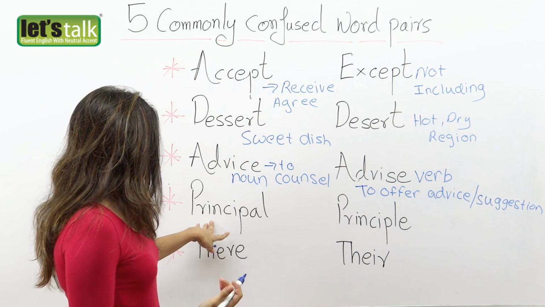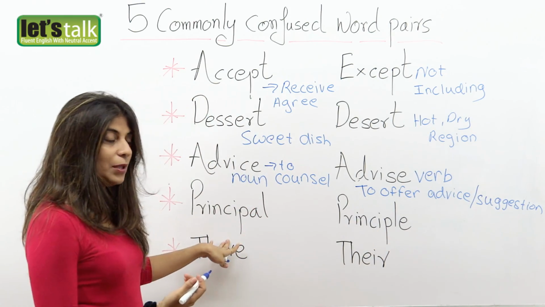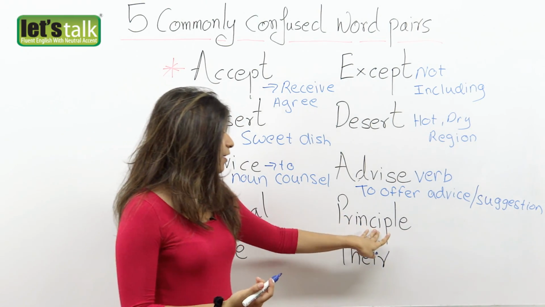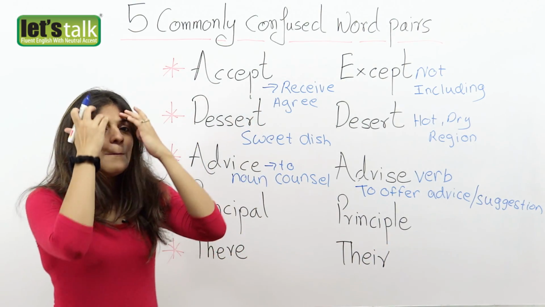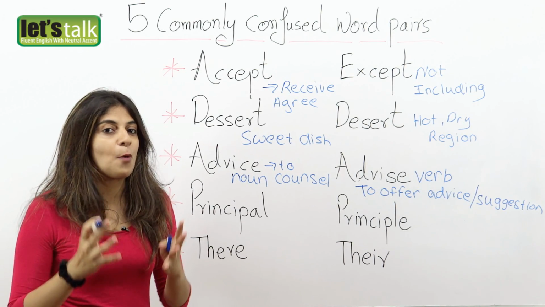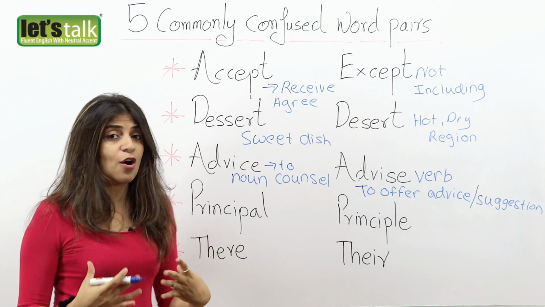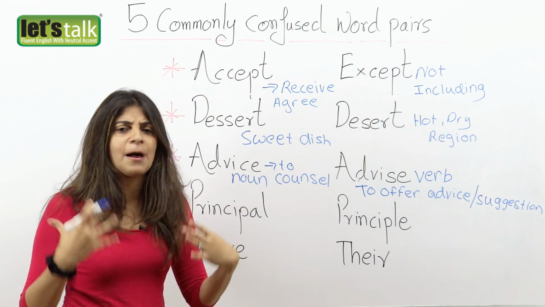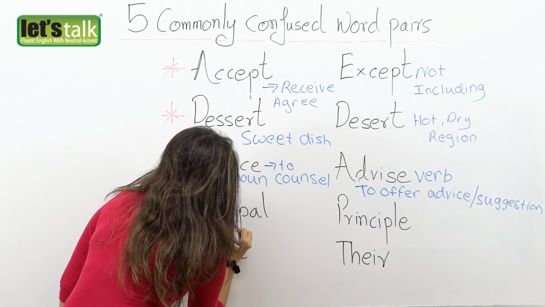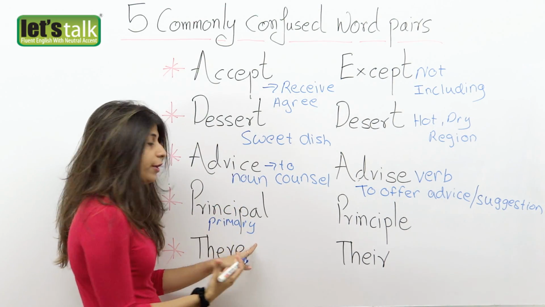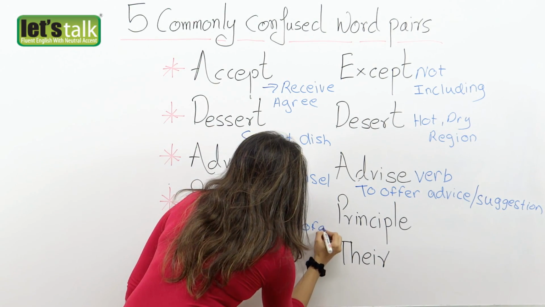Let's have a look at another word here, that's principal and principle. Now, one ends with P-A-L, whereas the other ends with P-L-E. Now here, the word principal means primary, or most important, or it also means the head of a school or of a college or of some main institution. So it means primary, like most important, or it also means head of a school.